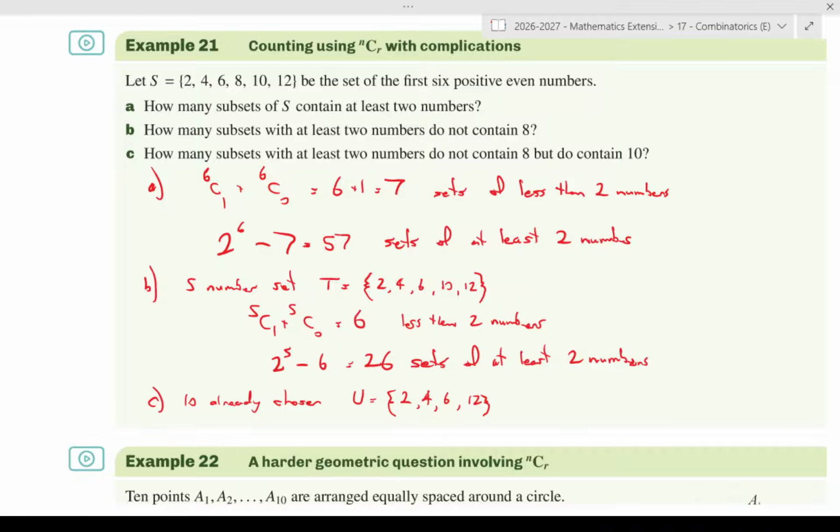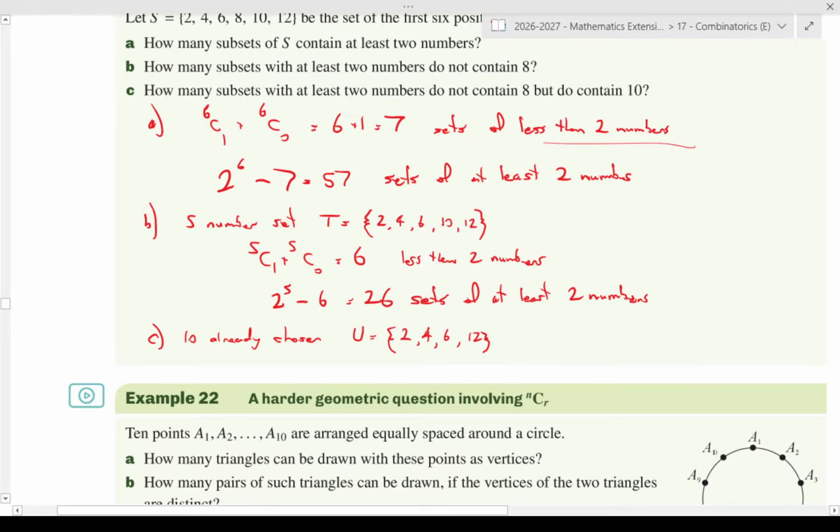What we need to look at is the same as we did here, where we looked at the ones that have got less than 2 numbers. So here there's one set of 0 numbers. Why are we looking for 0 numbers? Because we've already chosen 10. So by having 0 numbers out of that, we've got at least one number. We've still got 10. So we're looking at one set of 0 numbers.